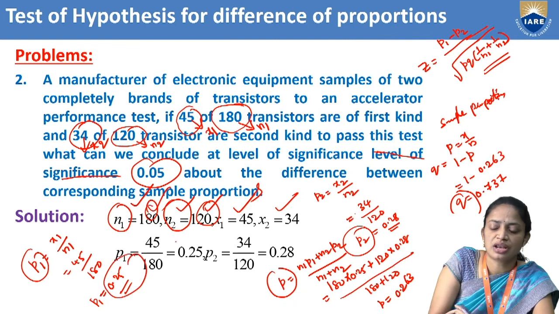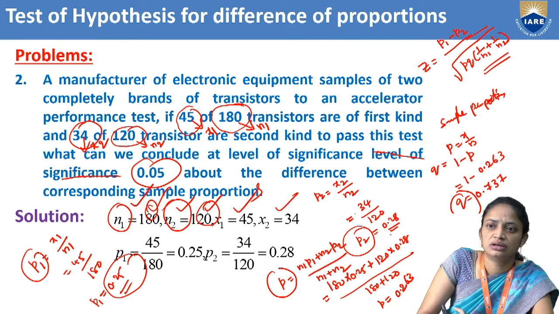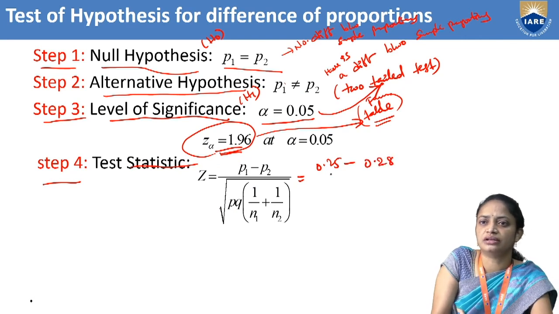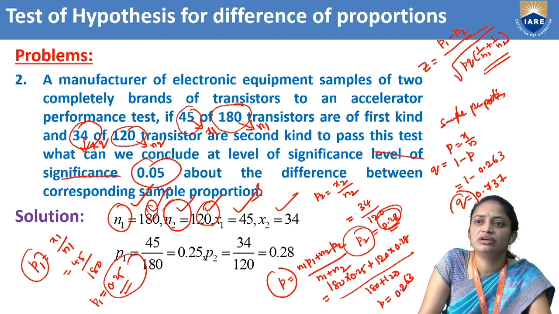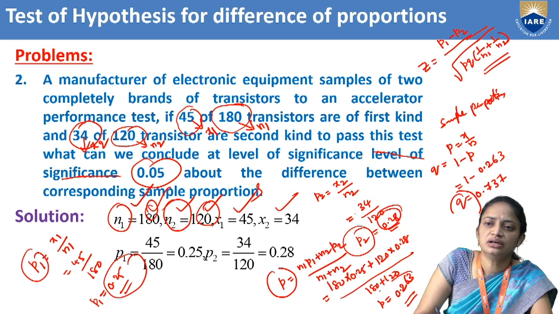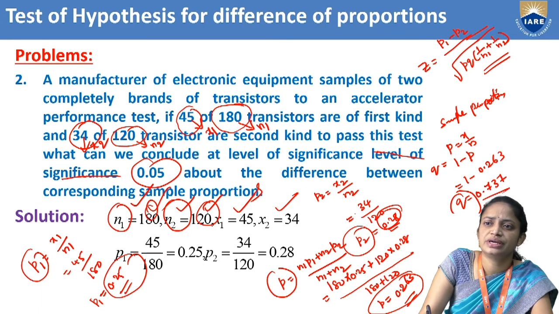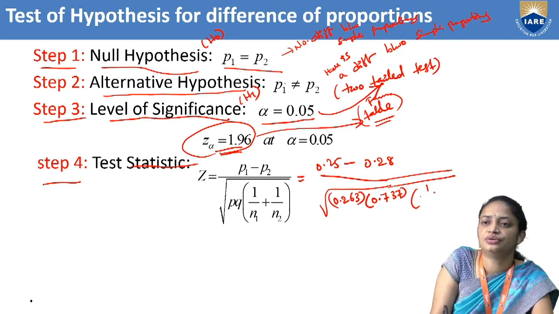So what is the P1 value? P1 is 0.25, minus P2 value, which is 0.28, divided by under root of PQ, where P value is 0.263 and Q value is 0.737, into 1 by N1.